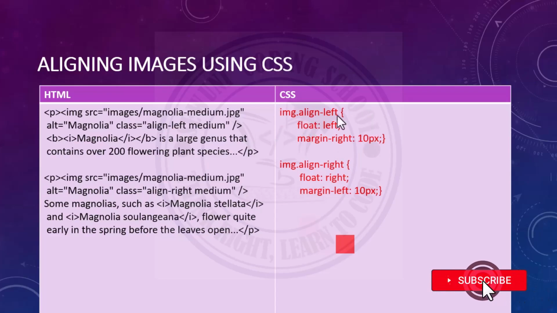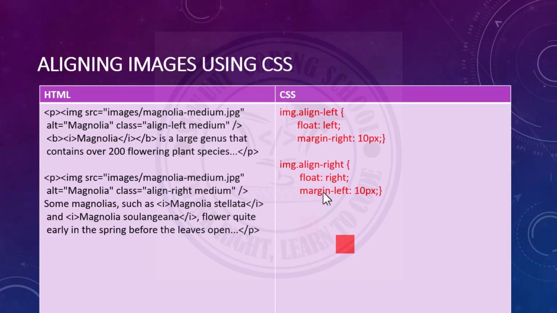On the right side you see the CSS code. The align left says it should float left and then add a margin of 10 pixels, whilst the second one should float right and it also has a margin to the left of 10 pixels.